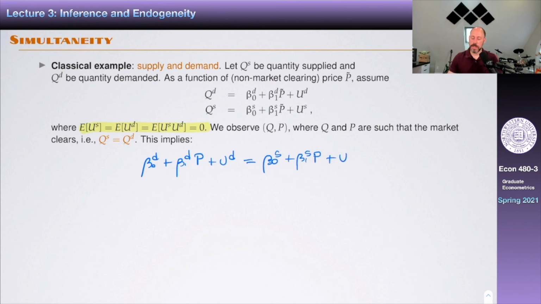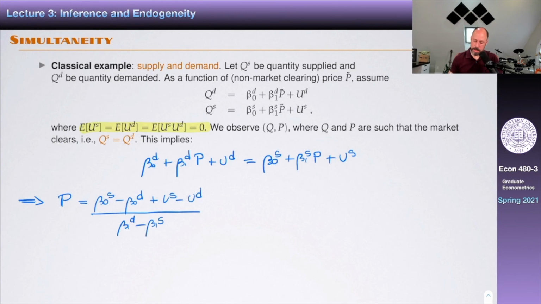And then, if we just solve, we're going to have the following. P equals beta 0S minus beta 0D plus US minus UD, divided by beta 1D minus beta 1S. So here we have the equilibrium price.